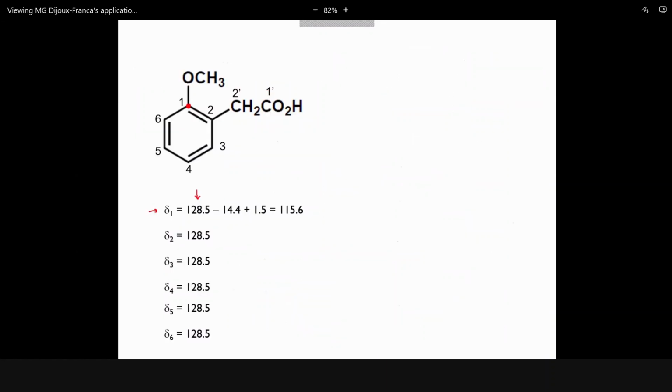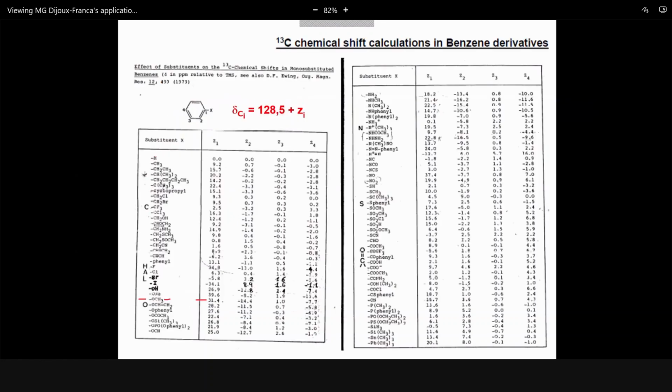If I go there, this is wrong. I have to add 31.5. On carbon 2, this is Z1 and this is Z2. If I go back to the table, in Z1 I should add 31.4, but in Z2, in this position, I have another group, which is a CH2 with a carboxyl.